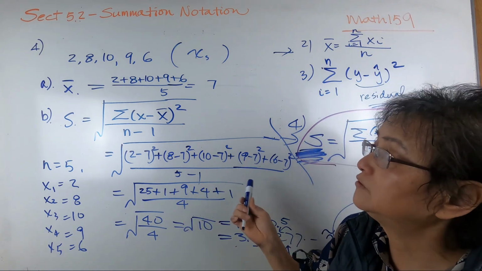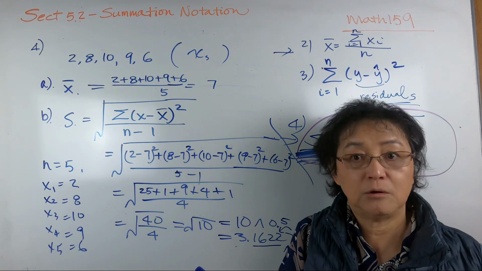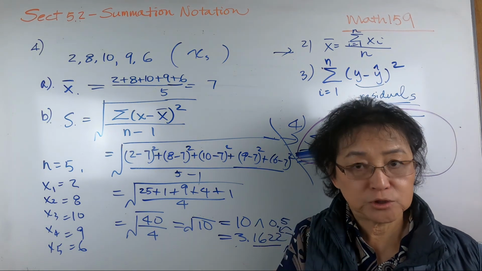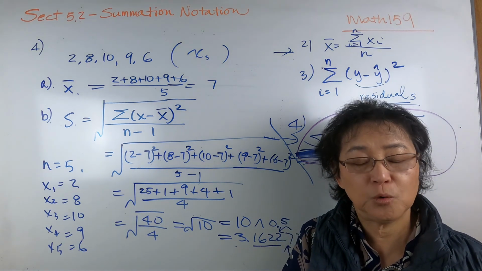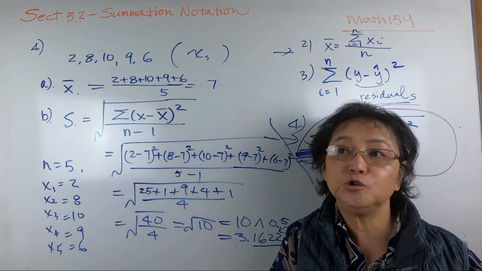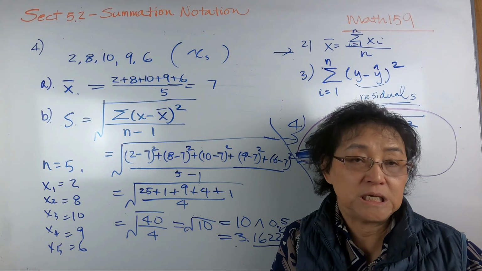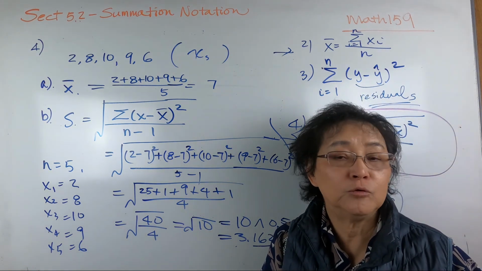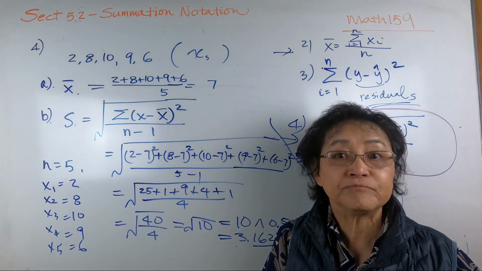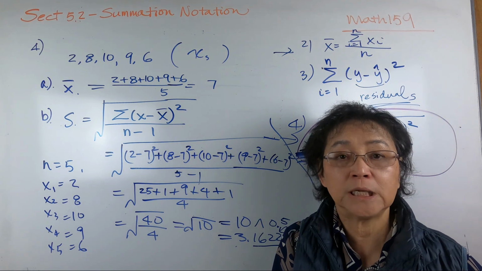So for chapter 5, we are learning new symbols, right? One is factorial in section 5.1, factorial and combination. How do you choose 7 out of 16 to make your fruit platter? How many options do you have? That's one kind of notation you are learning.